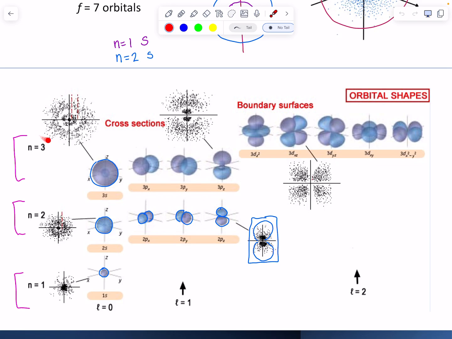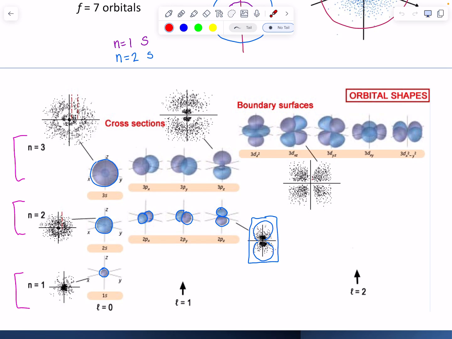And then again, as we go up, it gets larger and larger. So what you'll notice when we look at the cross section of s orbitals at the n equals 3 level is that the n equals 2 and n equals 1 are kind of nested within that n equals 3 s orbital.